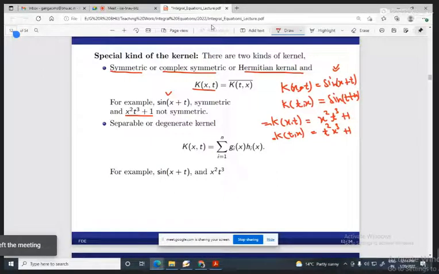For real valued kernels, the conjugate will be removed. And you can see that k(x, t) is not equal to k(t, x), so it means that it is not a symmetric kernel. Okay, only the first one is a symmetric kernel.